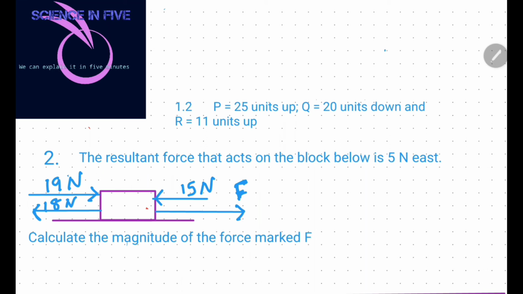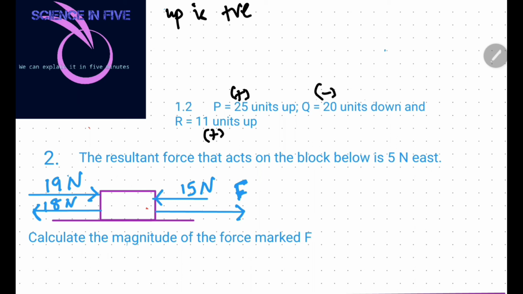What if we say up is positive? Which means the vectors going down will be negative. So vector P is a positive vector, vector Q is a negative vector, vector R is a positive vector.